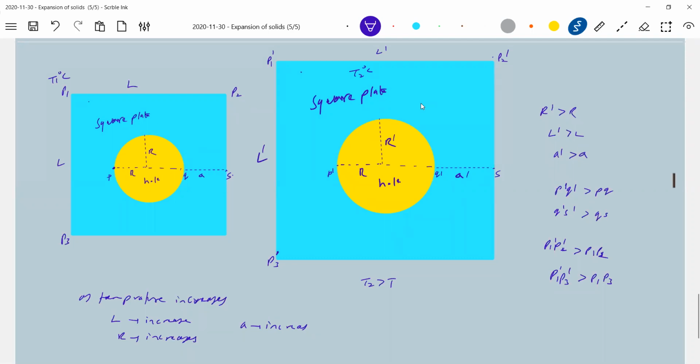Will there be displacement of S along the y-axis? No, along the x-axis it will be there. Along the y-axis this will not have any displacement. What about the center O? Will it have any displacement? Now O will be fixed there only. O will not undergo displacement.